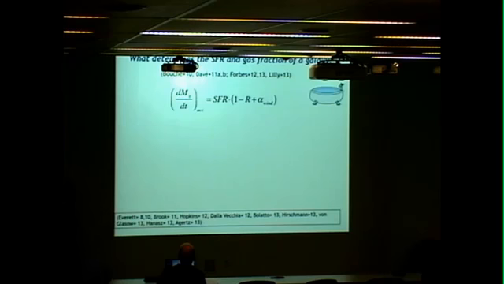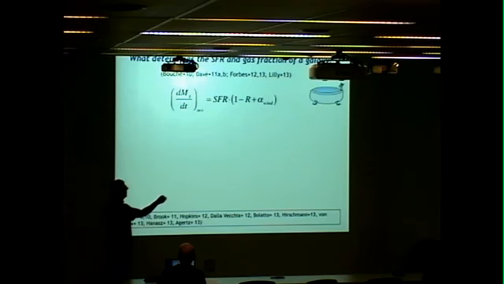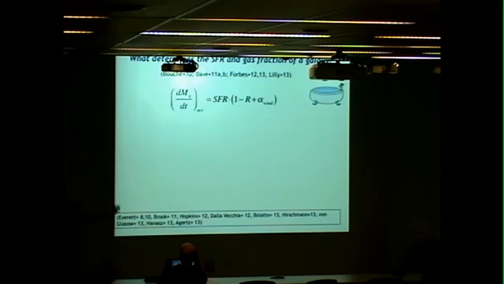And in addition, you lose some gas through the wind, and the wind loading factor alpha is whatever, 1 or 2, and the wind loss rate is probably also proportional to the star formation rate. We do it like this because that makes everything simple. And then you see this is about 50%, this is about 1, so you get here a factor 1.5.